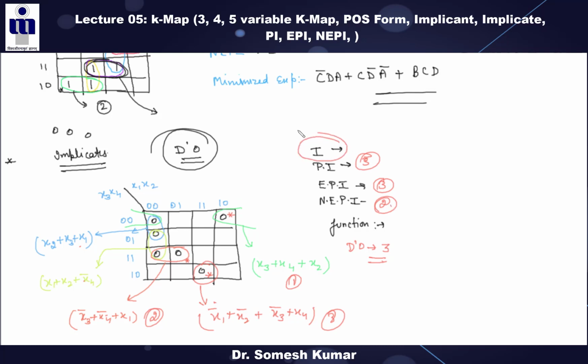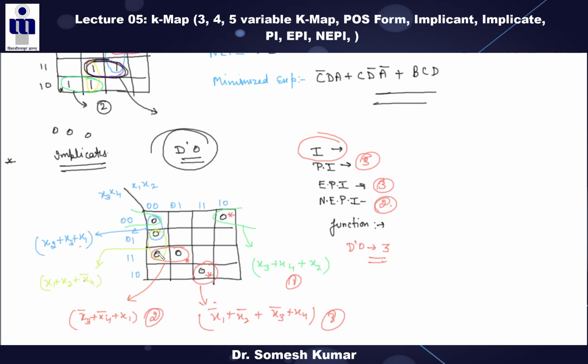This is the point. Now tell me, how many implicates in this example? See, in the beginning I told you number of ones are your implicants, and number of zeros are your implicates.